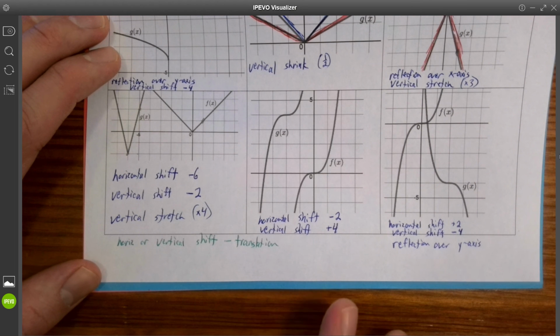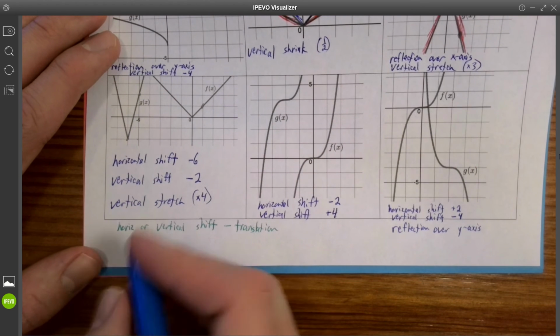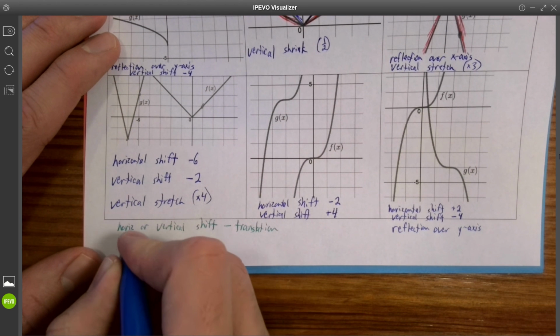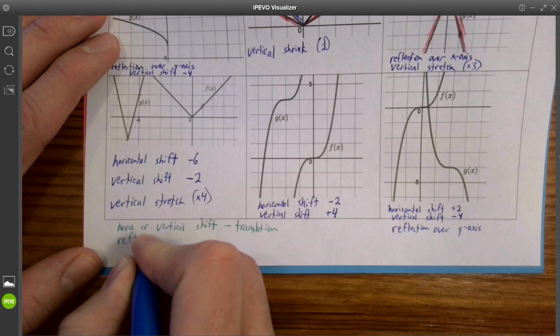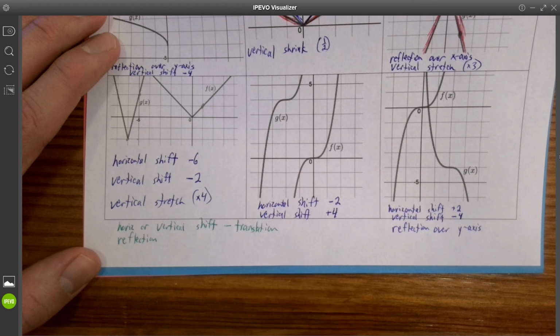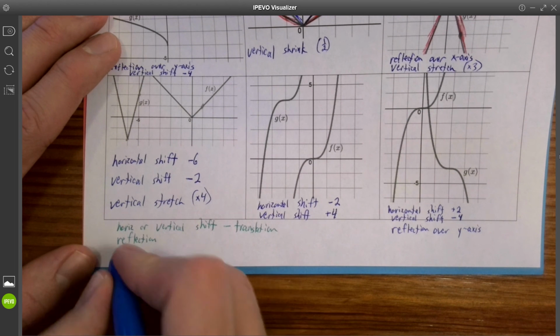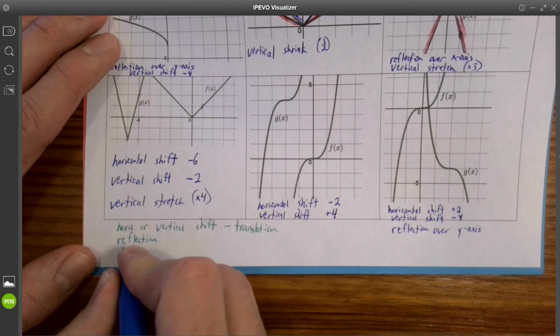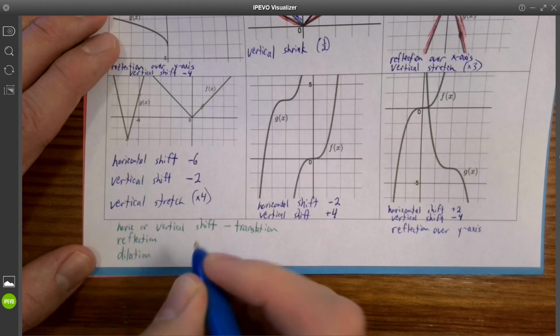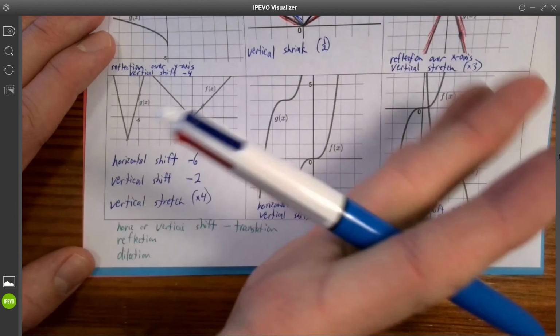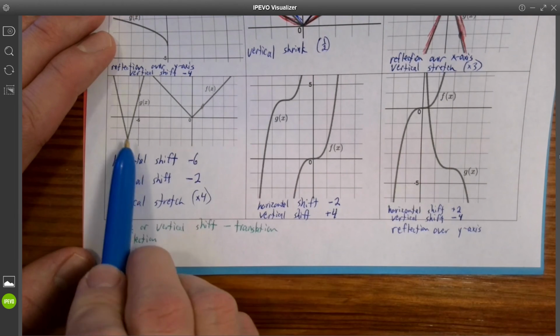And the shape does not change. If I have a reflection, then the shape does not change either. And if I have a, I'm going to go ahead and throw this word out here, a dilation, meaning that I've changed the size of it.